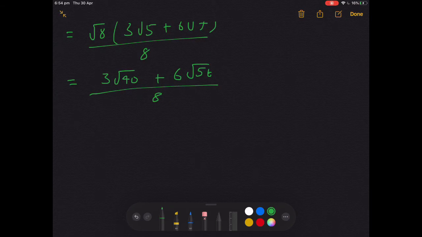And then probably you can simplify the root 40 and the root 56 further. Root 40 is 2 root 10. Root 56 is 2 root 14.